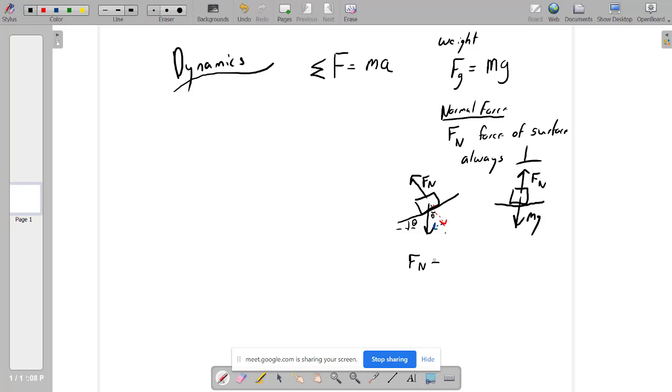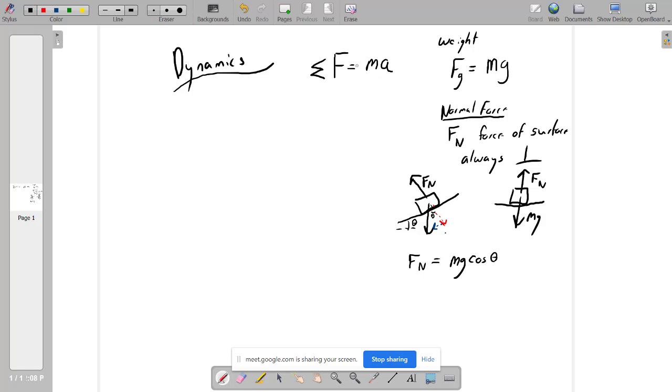Here's my mg, and what trig function am I going to use for the red one if it's touching the angle? I'll give you a hint: this is the adjacent side. Sine. What, Luis? I was going to say sine, but since it's the adjacent, it's cosine. So the normal force is mg cosine theta.